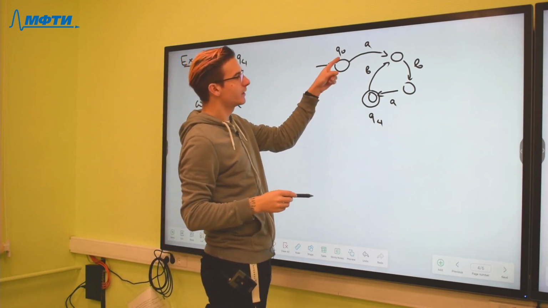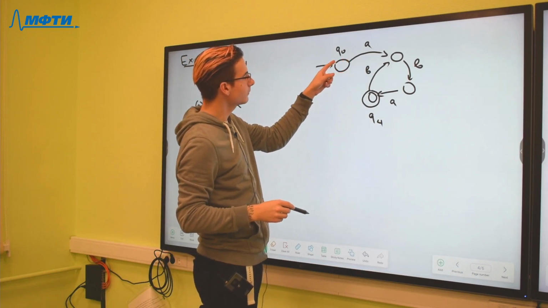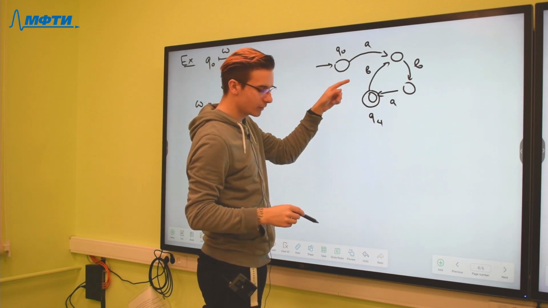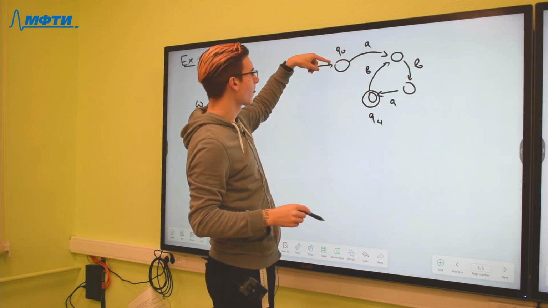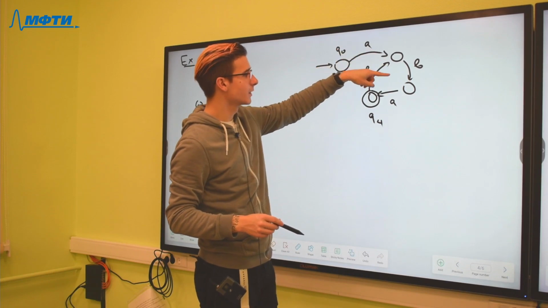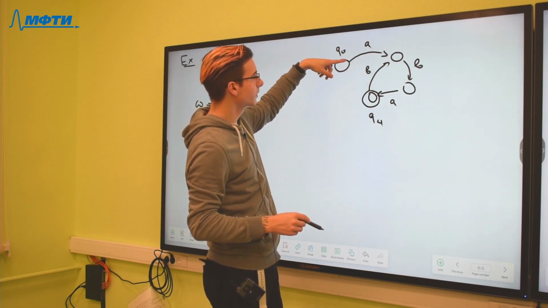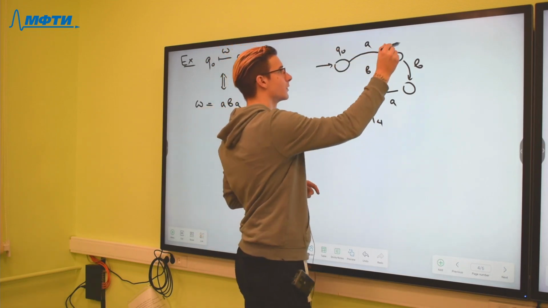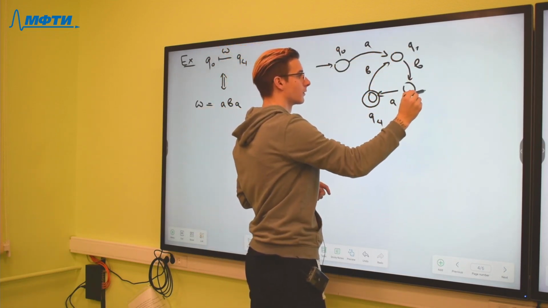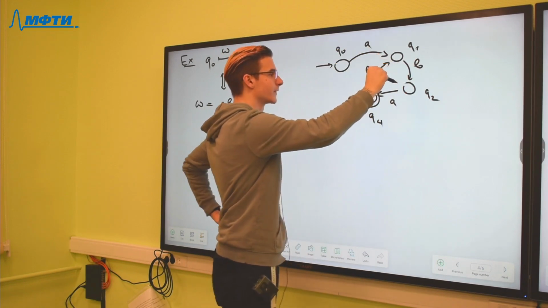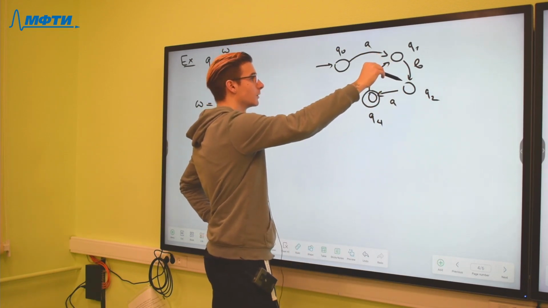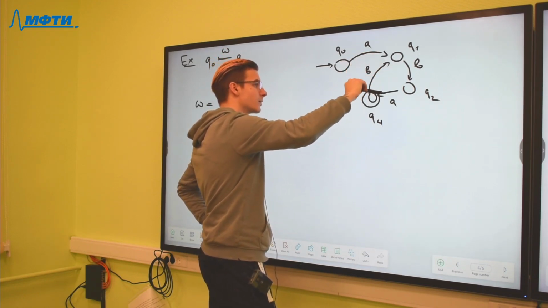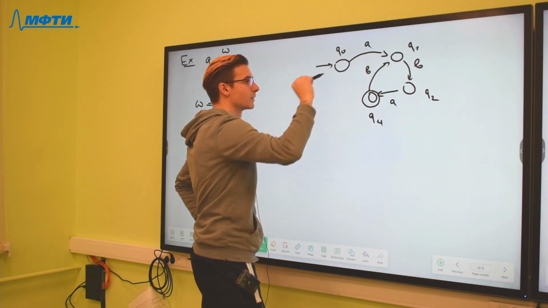But there are a lot of paths from Q0 to Q4 that have cycles in them. Because we can go from Q0 to Q1, then Q2, then go to Q4, and then go through these cycles a lot of times.